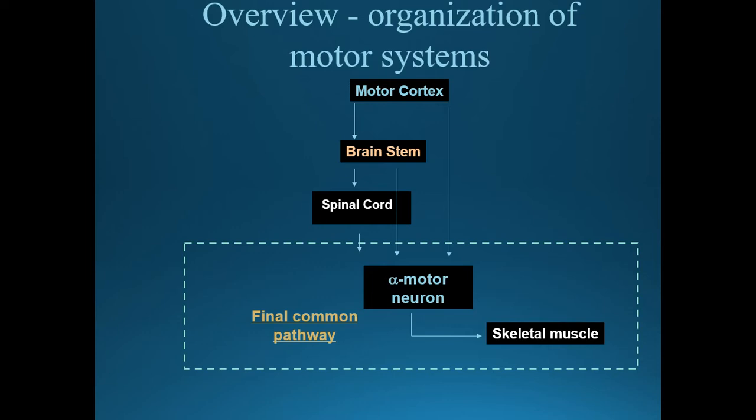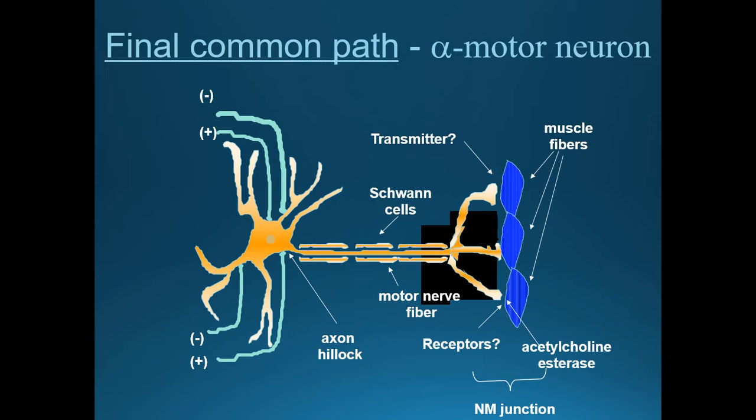This is called the final common pathway. The final common pathway is the alpha motor neuron that connects to skeletal muscles. Motor cortex, alpha motor neuron; brainstem, alpha motor neuron; and spinal cord, alpha motor neuron. The final common pathway is the alpha motor neuron.